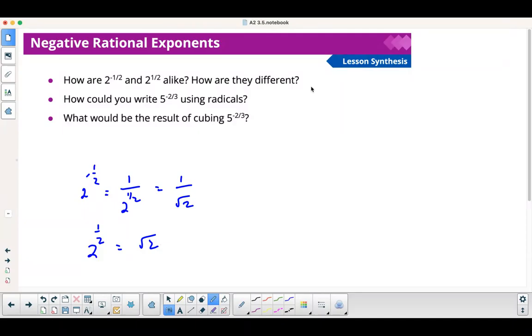So I would say both have square root of 2, but the negative one is going to be much smaller because it's 1 over. So let's say 2 to the 1/2 and 2 to the negative 1/2 are flipped.